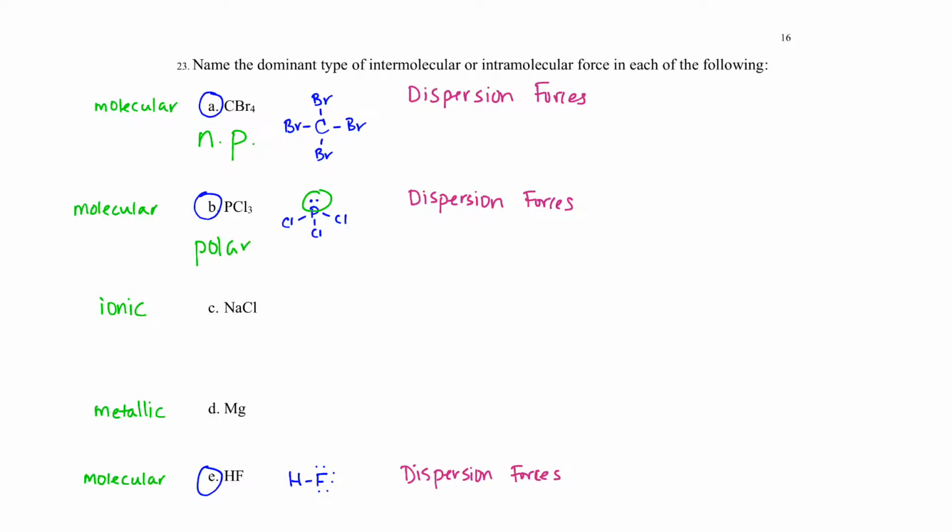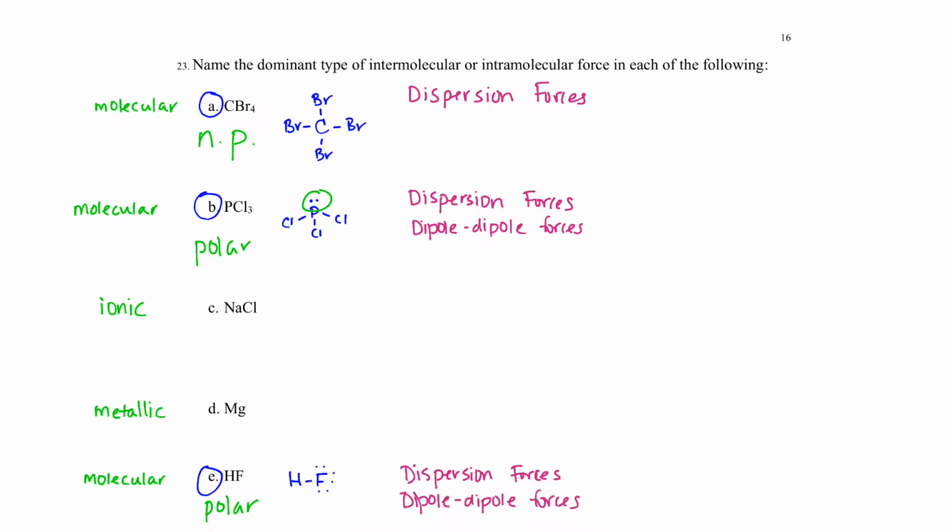And then HF, because these two atoms are different, they're not pulling on the electrons in the bond with the same strength, so this one would also be polar. Any of the ones that are polar will also have dipole-dipole forces. So that means this one will have dipole-dipole forces as well, and the last one will too. Now I'm skipping over some of the other ones that aren't molecular, and I'll talk about why at the end.